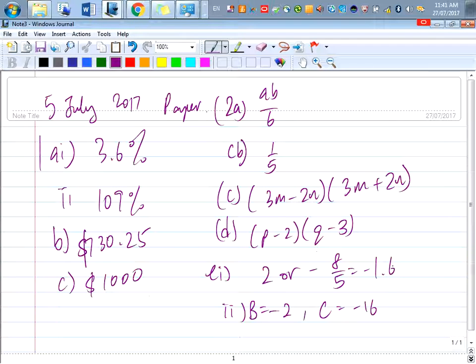Two minus P. This is the same as 2 minus P, 3 minus Q. They're the same thing. Do you see it? Do you see that they're the same?